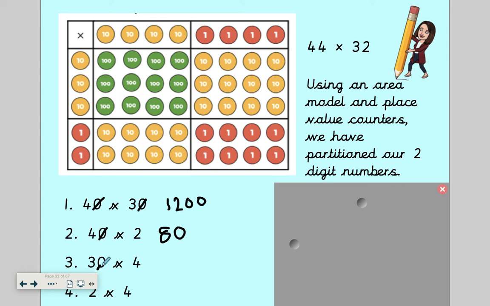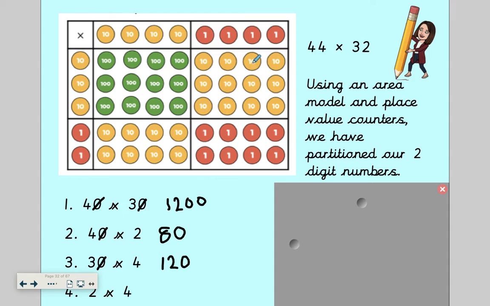Again, I could just quickly get rid of that zero. 3 times 4 again is 12, but then if we add our 0 back on, it's 120. So 10, 20, 30, 40, 50, 60, 70, 80, 90, 100, 110, 120. So that is correct.